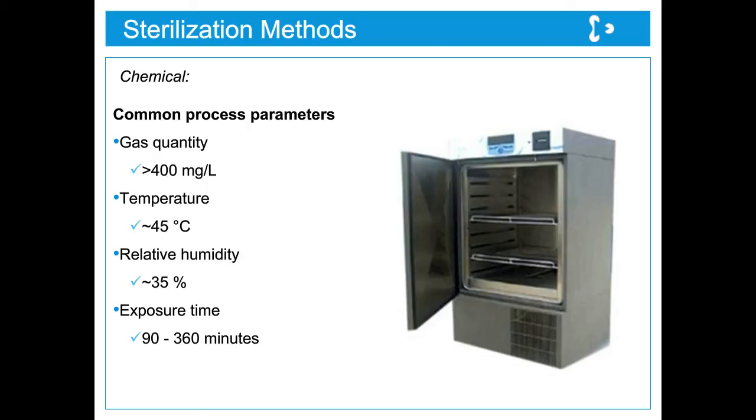The relative humidity you want to keep around 35%, and the exposure time is very dependent on your load, and it can vary anywhere from 90 to 360 minutes, and you'll find later on into this webinar that is a pretty extended exposure time. So that is definitely a disadvantage of chemical sterilization.